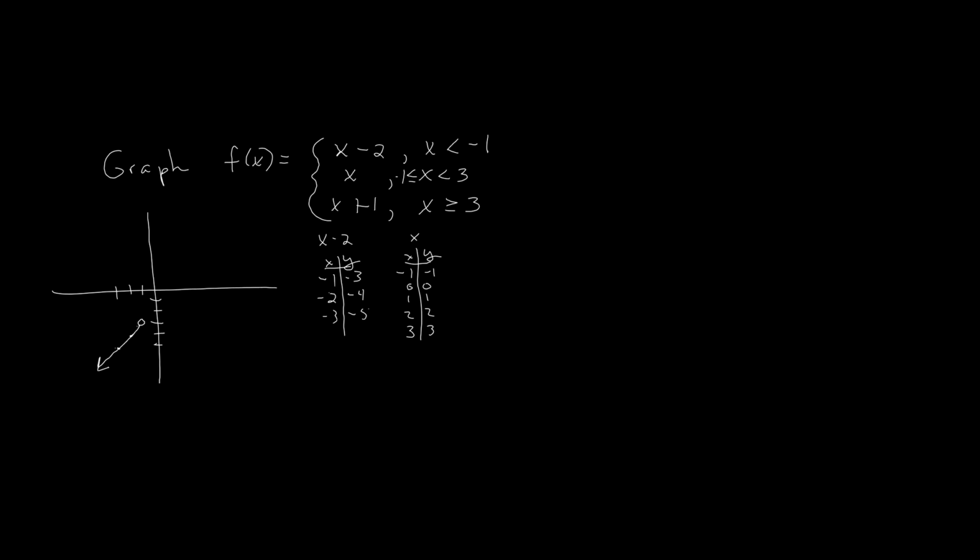We're going to plot those points. It'll be -1, -1, and this time you'll notice I'm going to include that point, -1, -1, because x has to be greater than or equal to -1, and so we're fine. We can include that value.